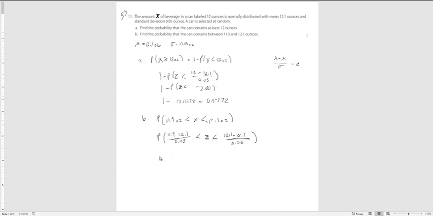And this is going to be the same as the probability that z is less than, I'm just going to write this out since I have it there, 12.1 minus 12.1. I'm starting to do that in my head and said, let me just wait a minute, minus the probability that z is less than this other value.